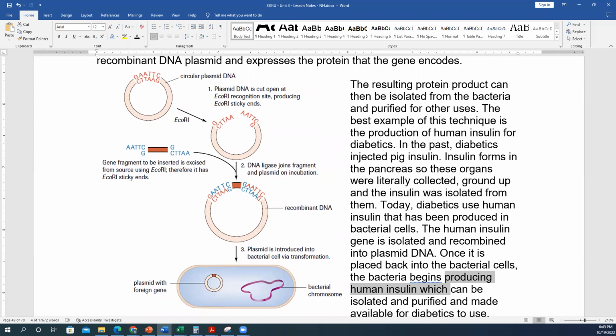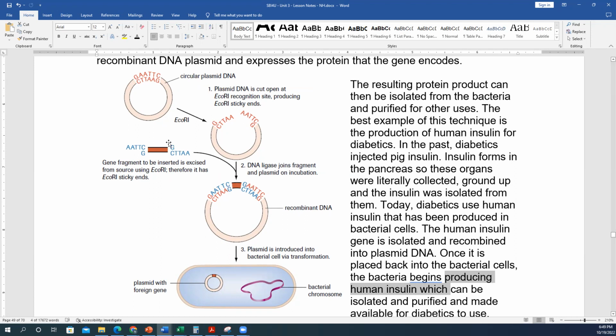This involves using these bacterial plasmids and inserting a piece of foreign DNA from some other organism and using the cellular machinery of the bacteria to express whatever protein that gene is encoding under controlled conditions.